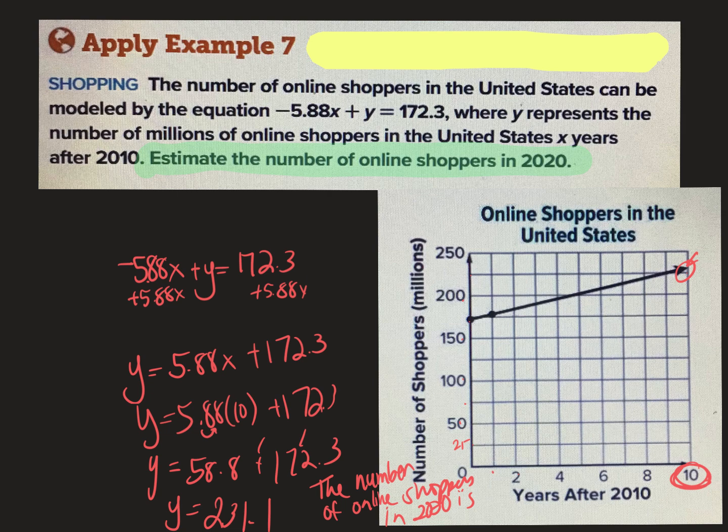We could have said approximately 230 million, but it is 231.1 million online shoppers. Okay, so that's right. I got it. The number of online shoppers in 2020 is 231.1 million. And that's my answer to that problem.